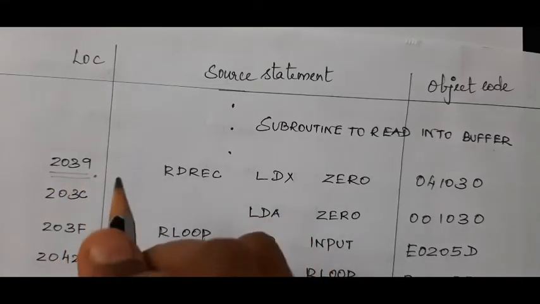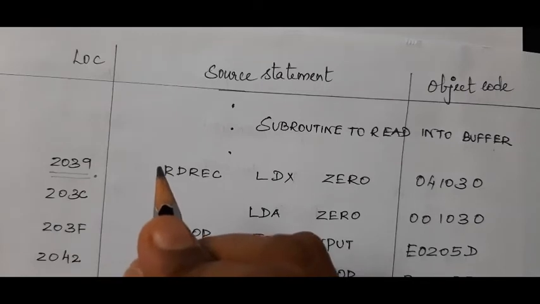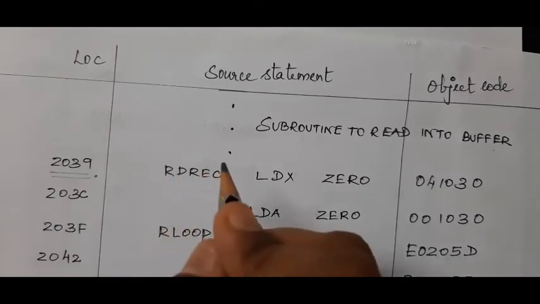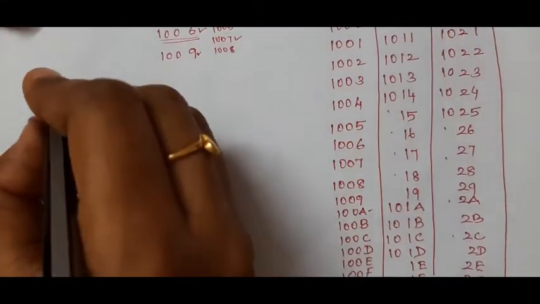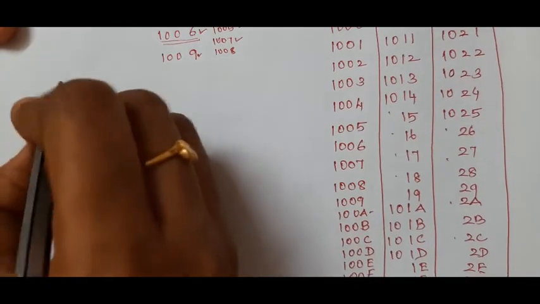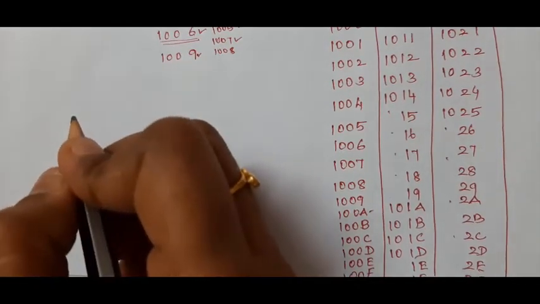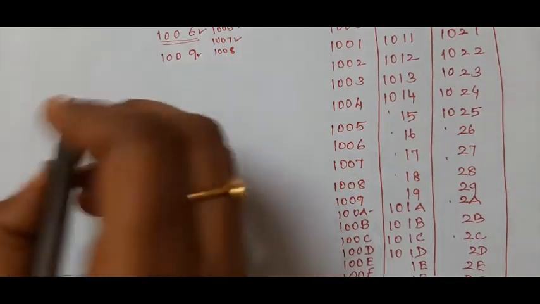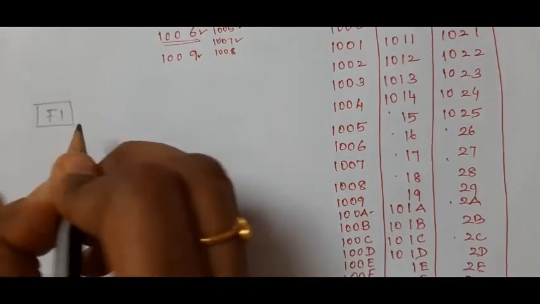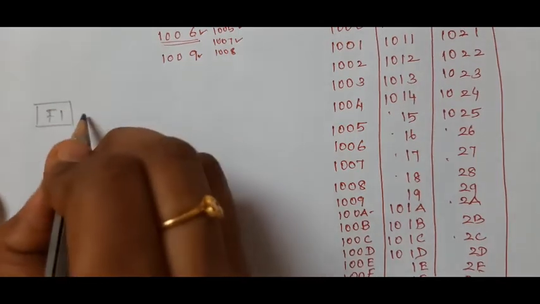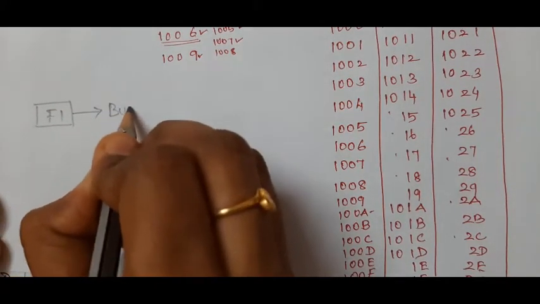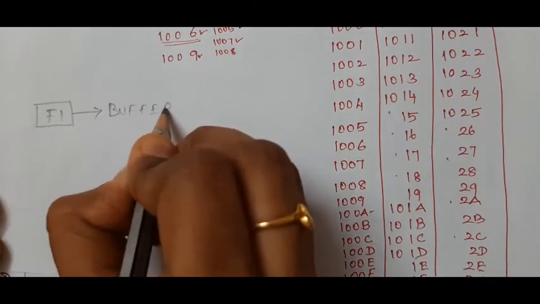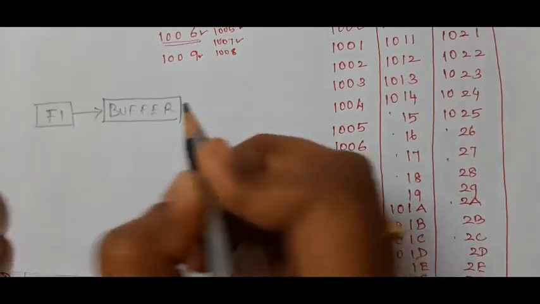We have seen the program and it occupies the memory locations 3 bytes each. The purpose of the program is that you are going to copy from F1. F1 is a device, and in the buffer you need to store the data.